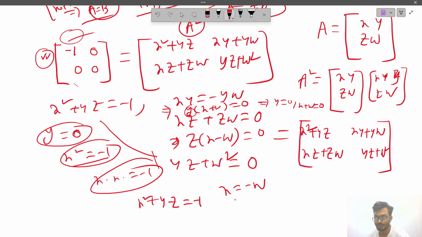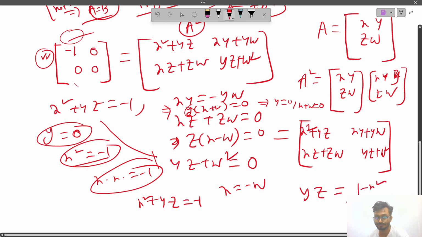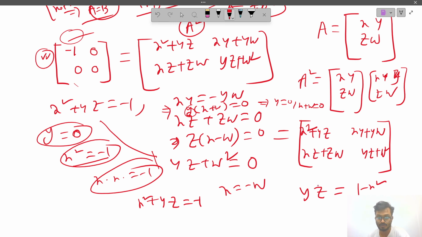So from here, what will be yz? yz equals minus 1 minus x square.